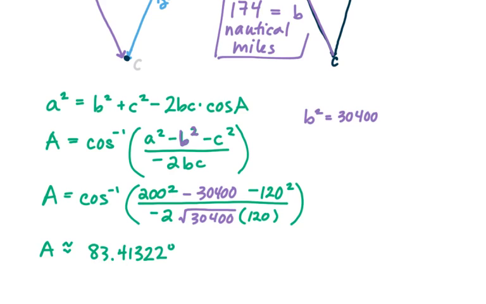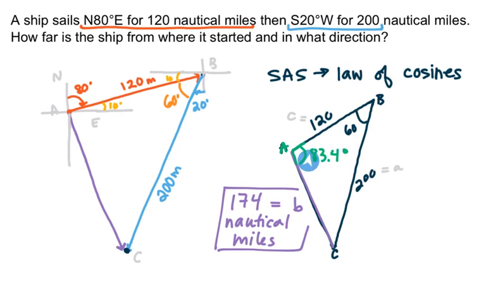All right, so I'm going to clean this up and go back up so we can see our picture a little bit better. So we know this whole angle here between the red line and the purple line is 83.4. So what is just this piece right here? Well, if we know that little sliver is 10, then this angle is 73.4, because I can take that little 10 away from the 83.4.